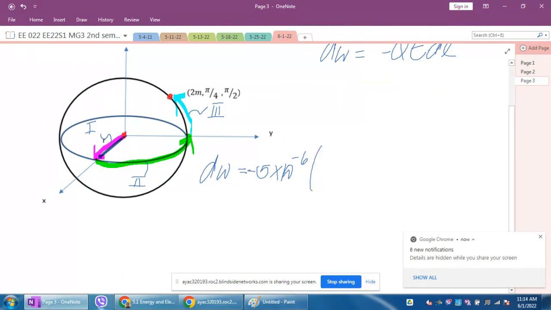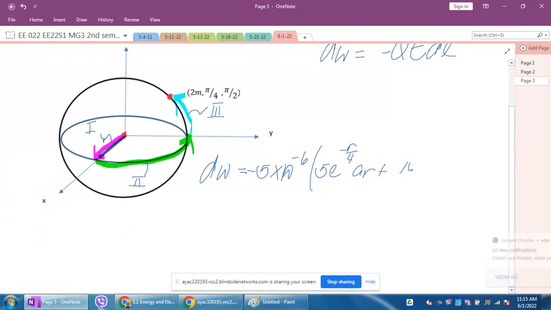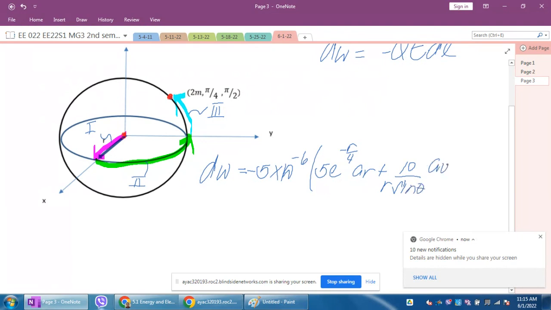Negative kasama sa formula. We have the electric field intensity, 5 e to the negative r over 4 ar plus 10 over r sine theta at. And then, yung atin pong DL, okay, dito ko na lang po susulat ha.